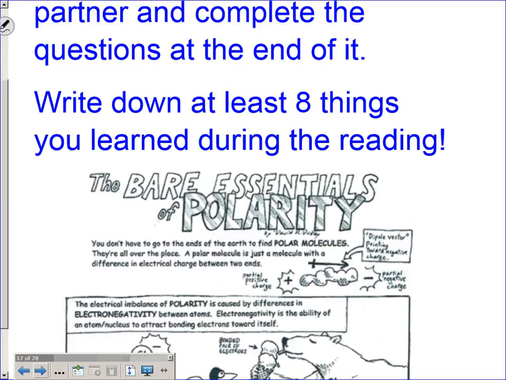Yeah, it should be like helium. Calling electronegativity value zero because they're relatively non-reactive.